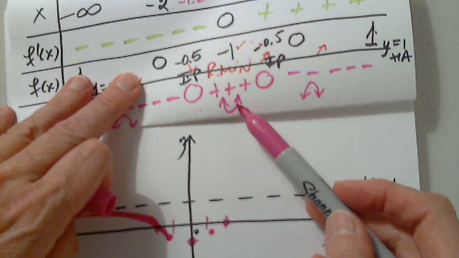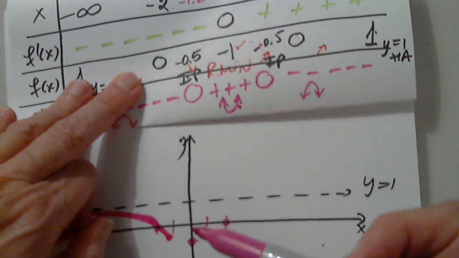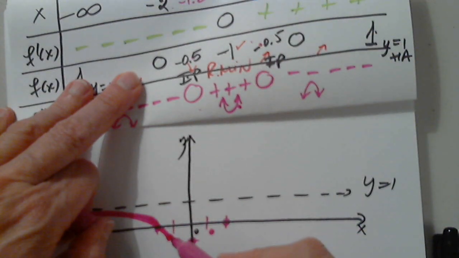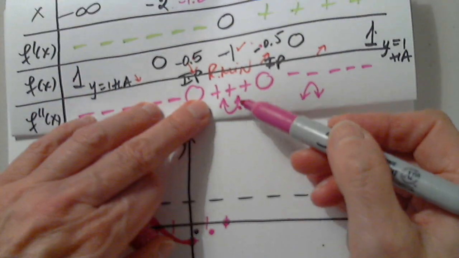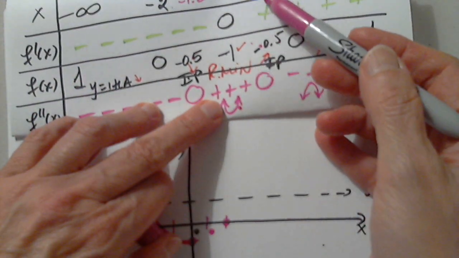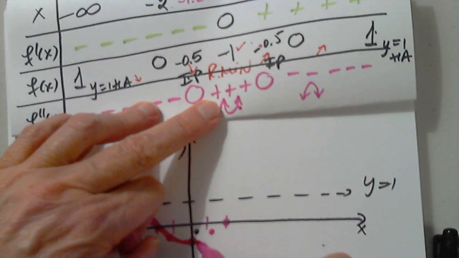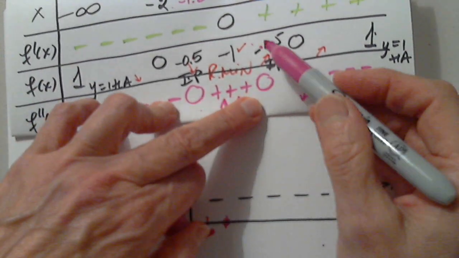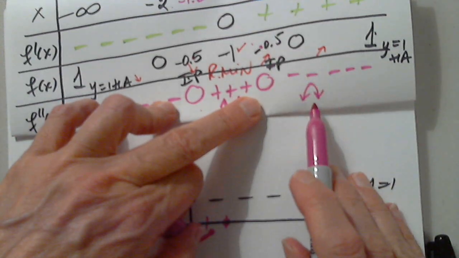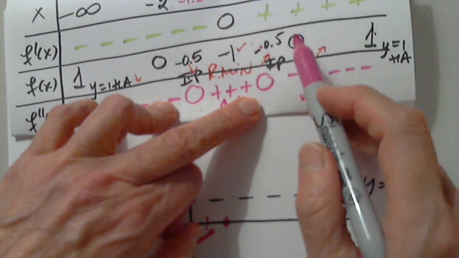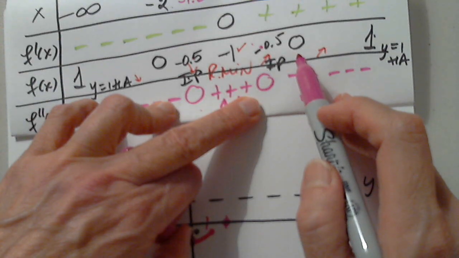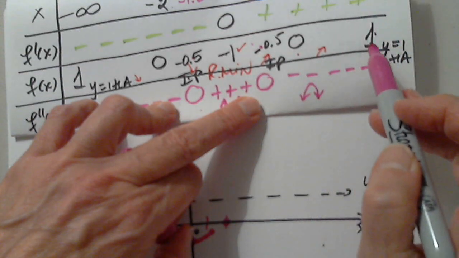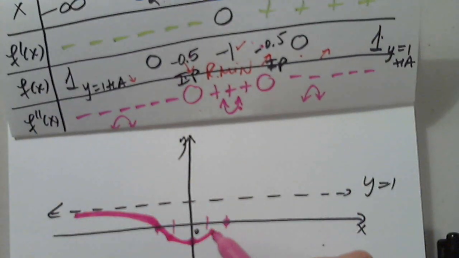Now it starts opening up and it gets to the relative minimum, which in this case is also the absolute. It continues to increase now to 1.2 comma negative 0.5, still opening up, where it changes concavity, opening down, crossing the x-axis at 2, 0, and approaching 1 towards infinity.